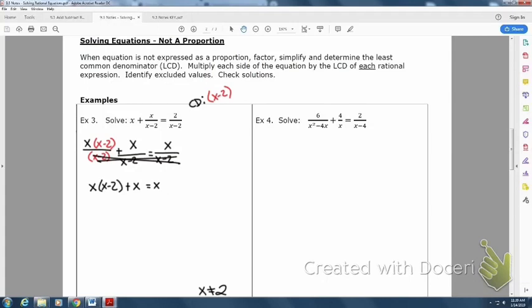I'll need to distribute the x into that first one. Oh, sorry. I don't know why I was writing x right there. That should be 2. This should also be 2. Make sure you corrected that. I had x's written in those 2 spots. That should have been 2.